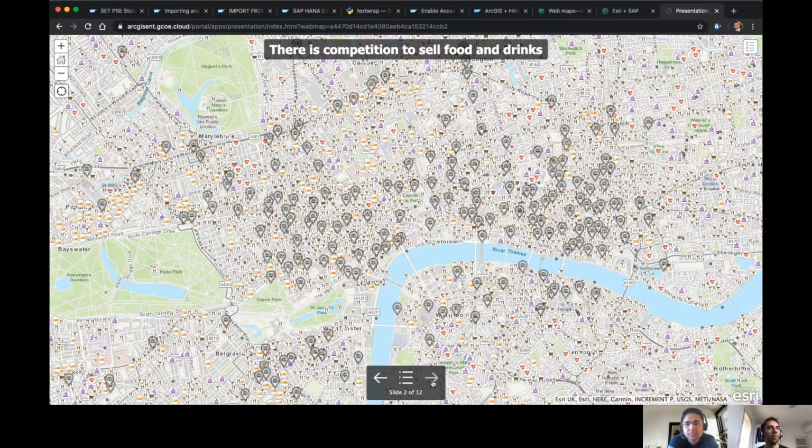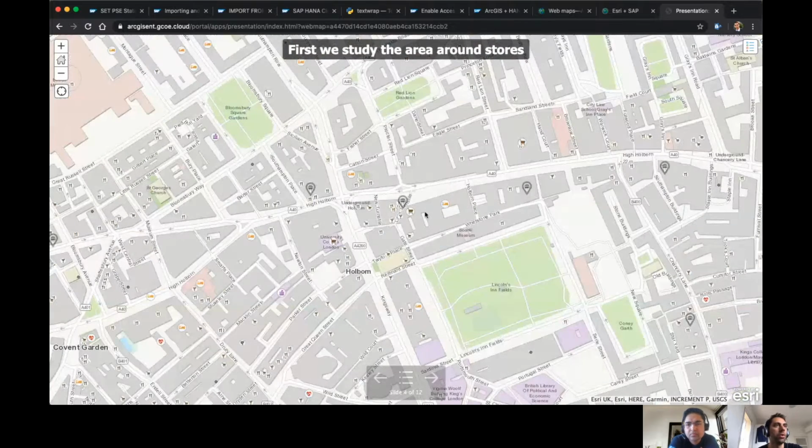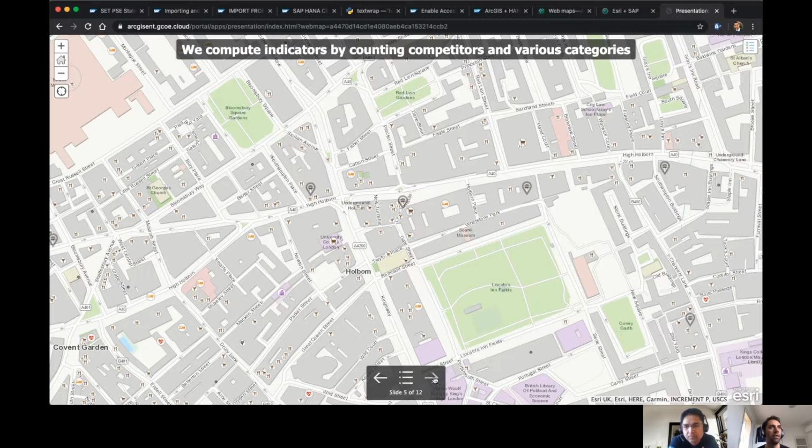By looking at the existing data, and we're going to look at the surrounding area for each location. In the surrounding area for each location, we're going to create indicators to count the number of competitors, the number of transport hubs, so the bus stops and so on.